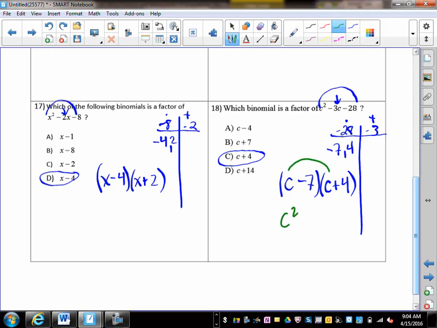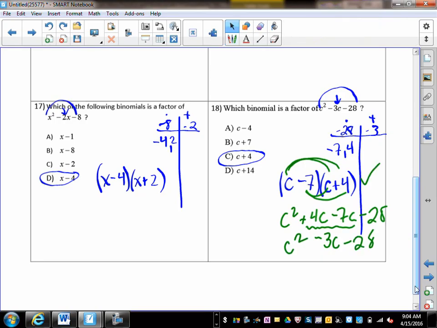C squared plus 4C minus 7C minus 28. That combines to negative 3C, so we can see that we did it right. All right. Questions on that?